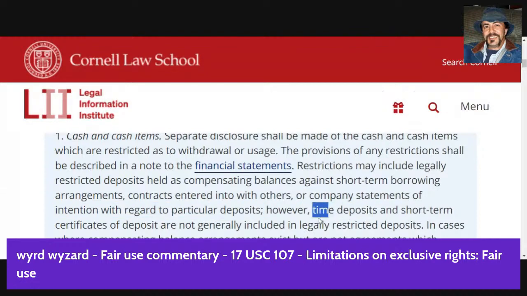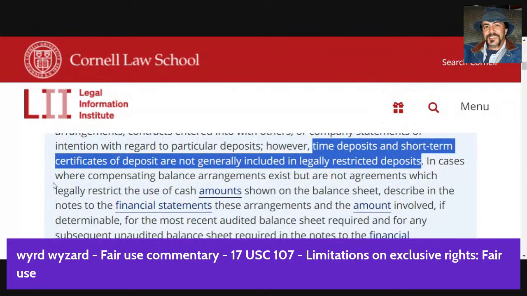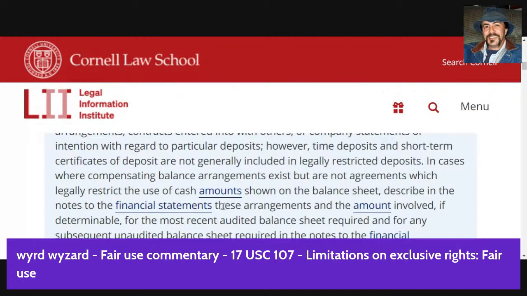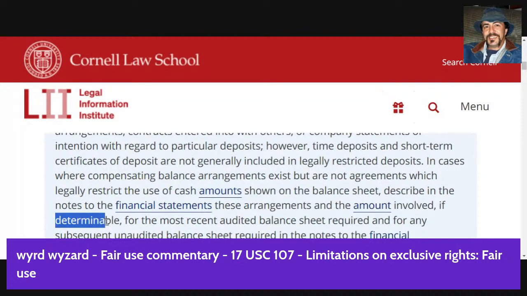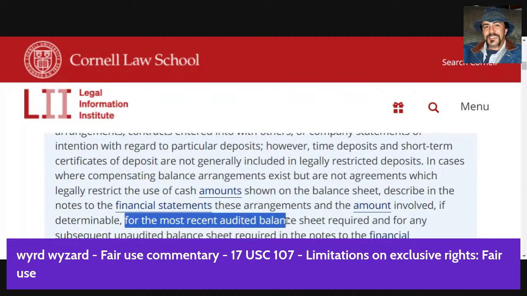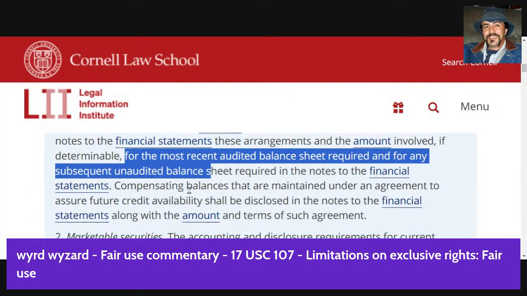However, time deposits and short-term certificates of deposit are not generally included in legally restricted deposits. In cases where compensating balance arrangements exist but are not agreements which legally restrict the use of cash amounts shown on the balance sheet, describe in the notes to the financial statement these arrangements and the amount involved, if determinable, for the most recent audited balance sheet required and for any subsequent unaudited balance sheet required in the notes to the financial statements.